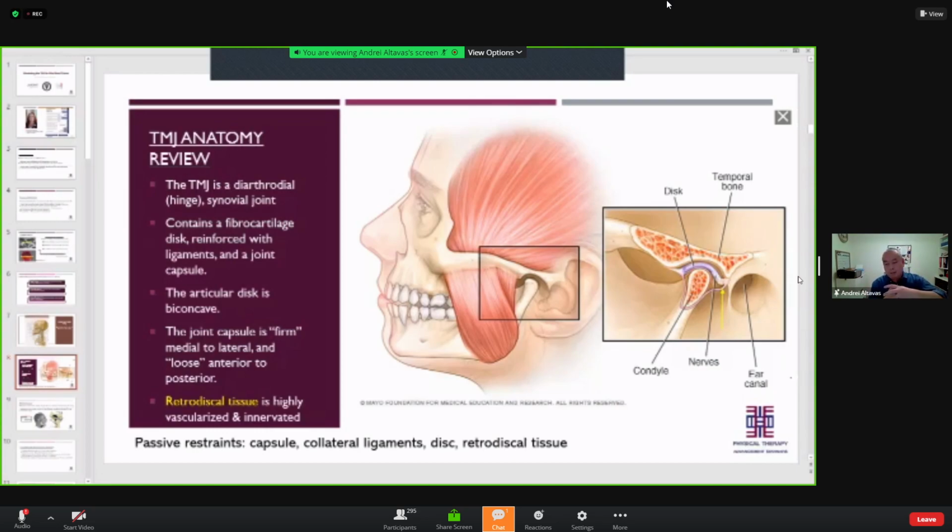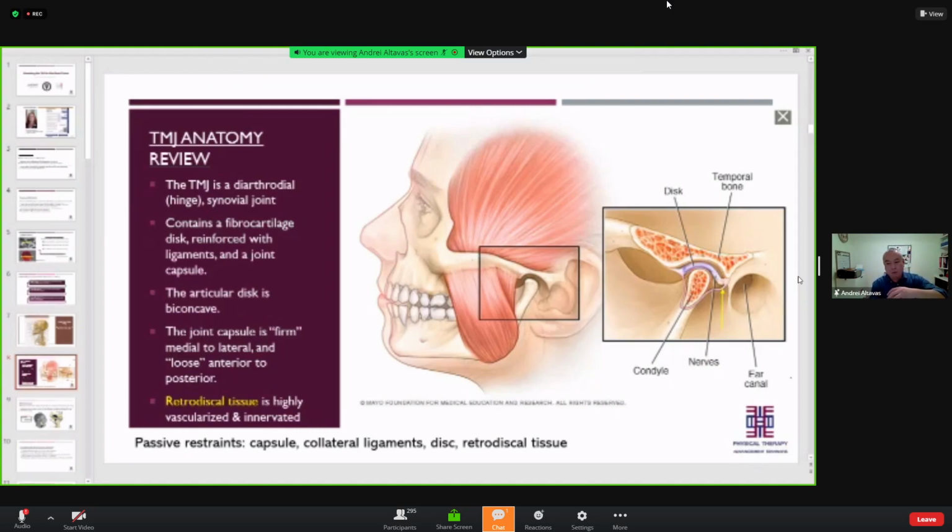Like any joint of the body that has cartilage, your disc is the shock absorbing mechanism of the TMJ. The articular disc is biconcave. The joint capsule, which encapsulates the entire joint, is strengthened by all the passive restraints. You have collateral ligaments, you have the disc, and you also have the retrodiscal tissue.